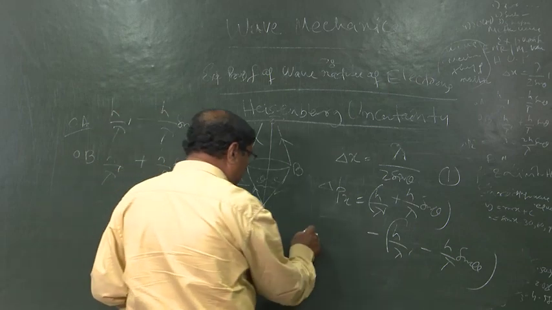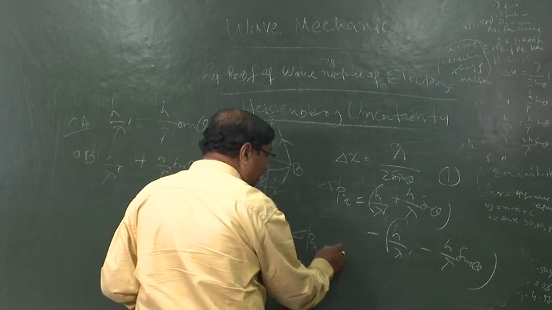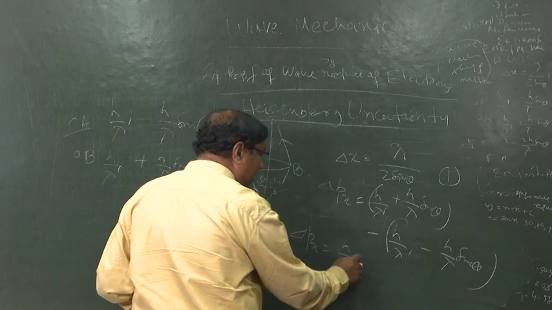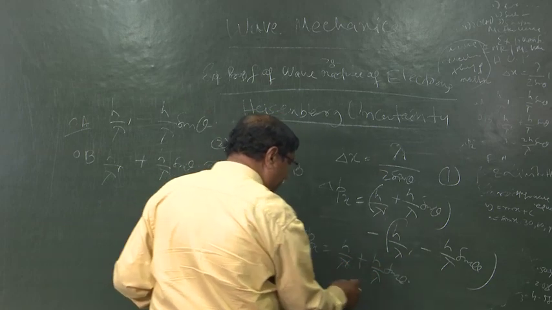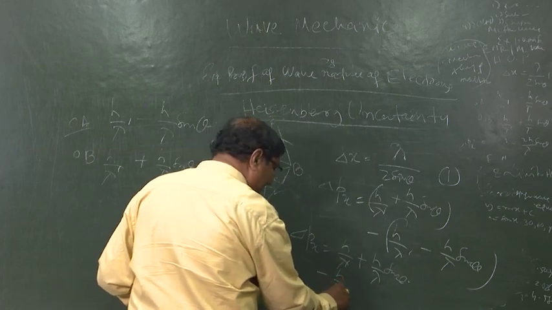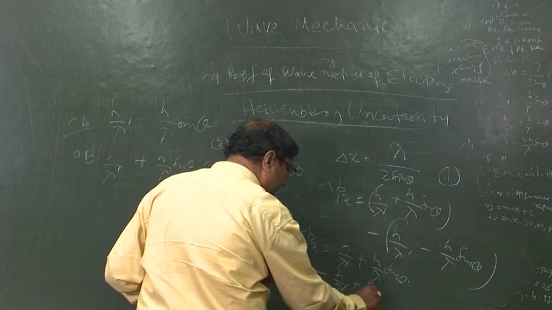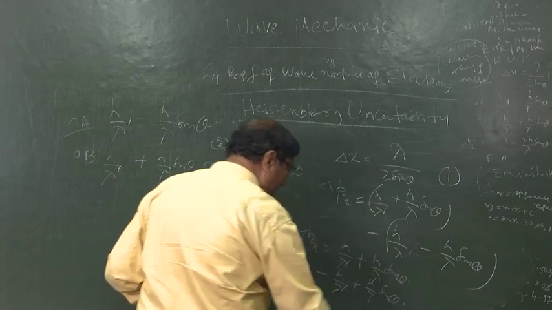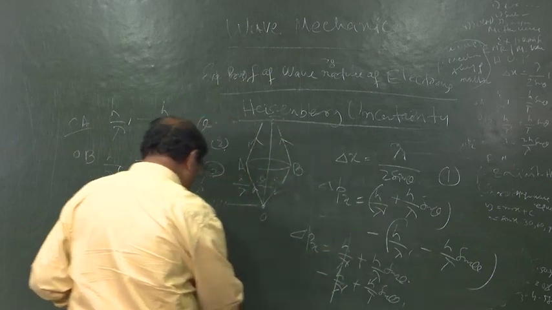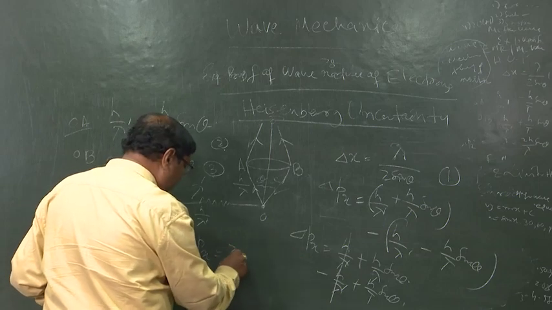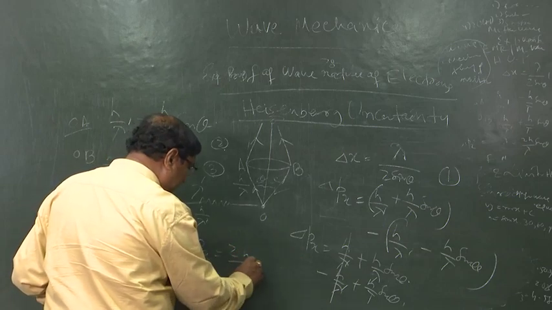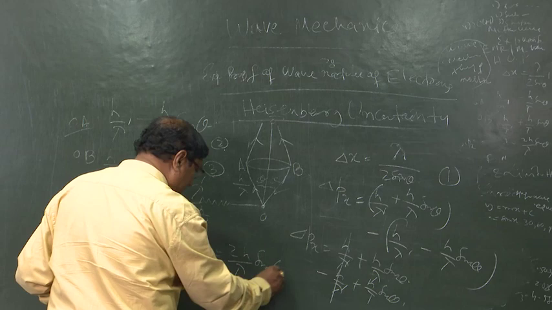The h by lambda dash terms cancel, so the remaining delta px is equal to 2h by lambda sin theta.